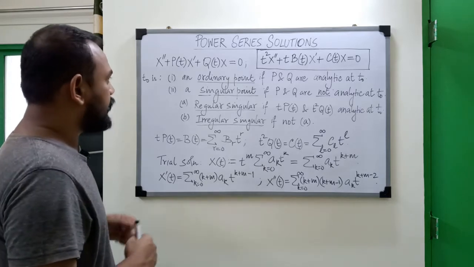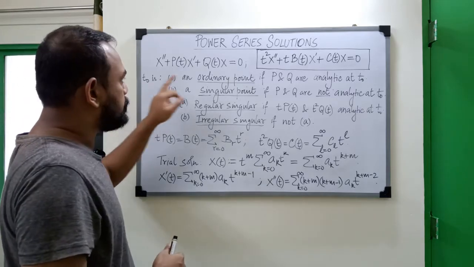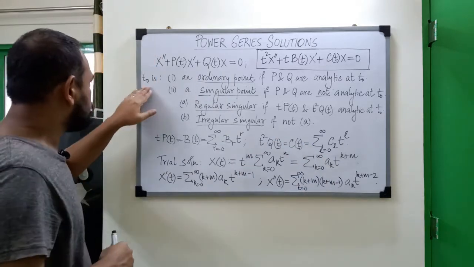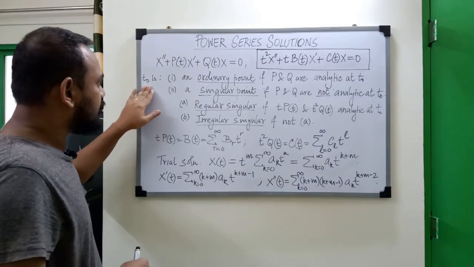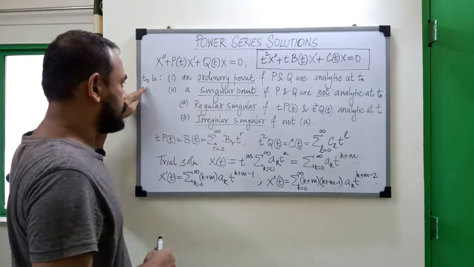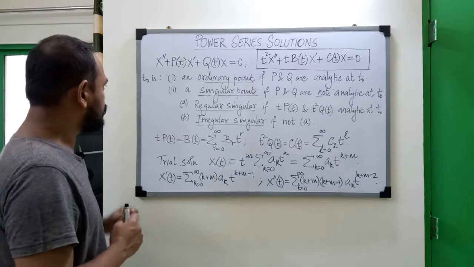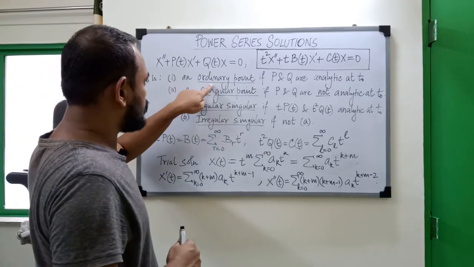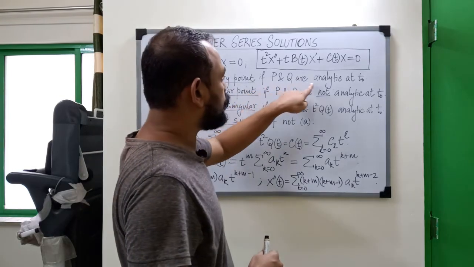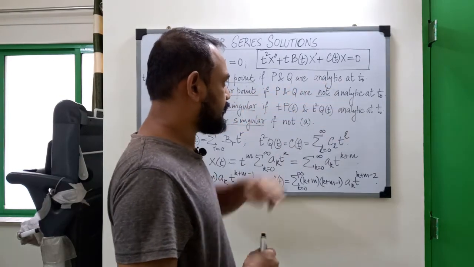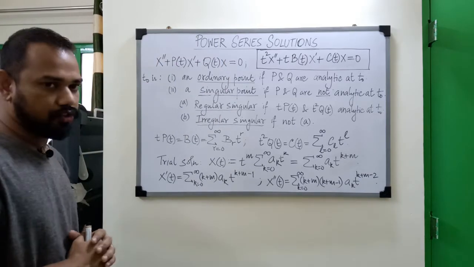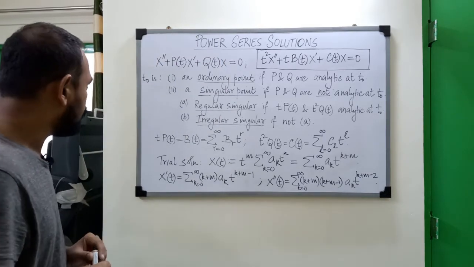In such a case, where P and Q had a Taylor series expansion around t0, t0 would be called an ordinary point. So that's the definition. We will go over a couple of definitions here. t0 would be called an ordinary point of this differential equation if P and Q are analytic at t0. That's the case that we have already solved in the previous lecture.